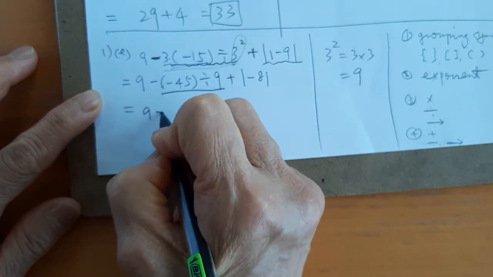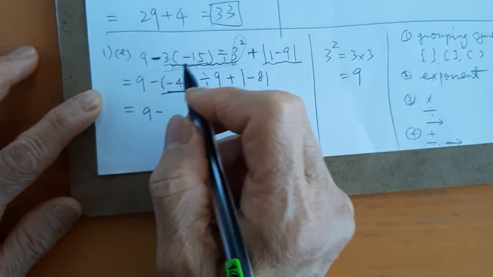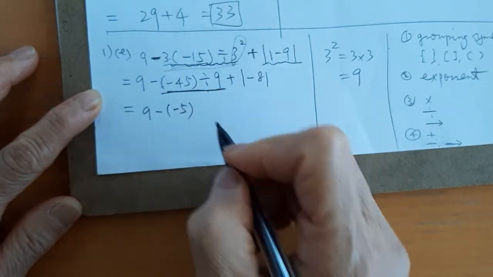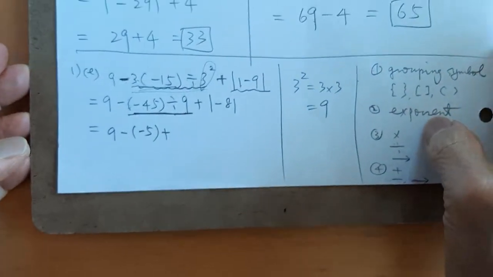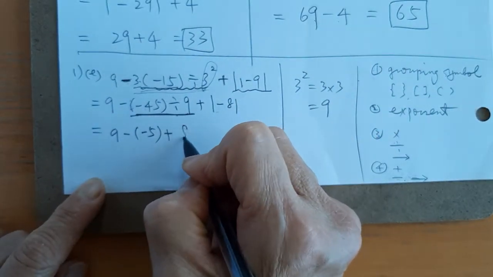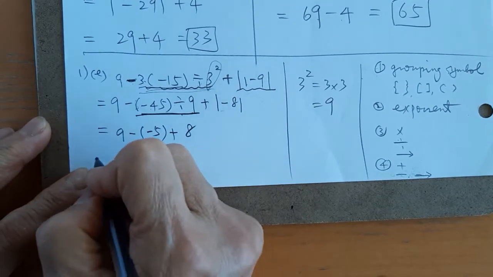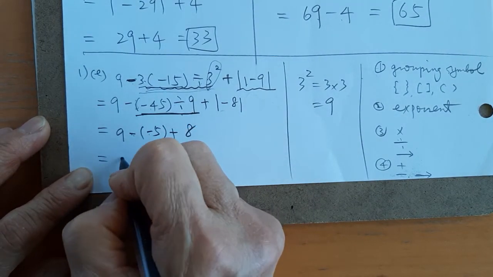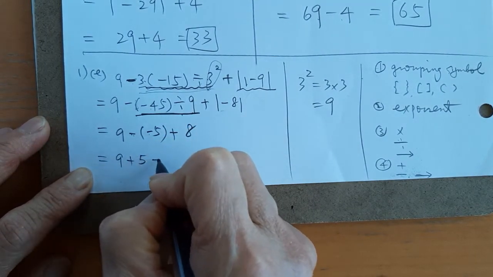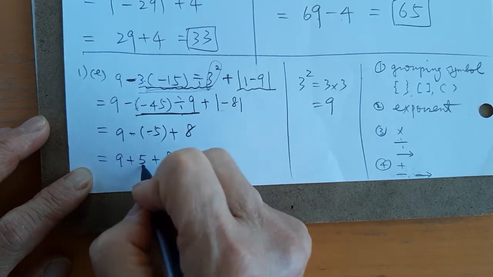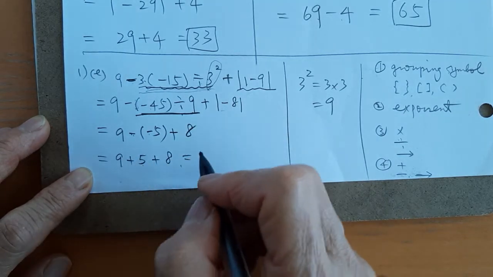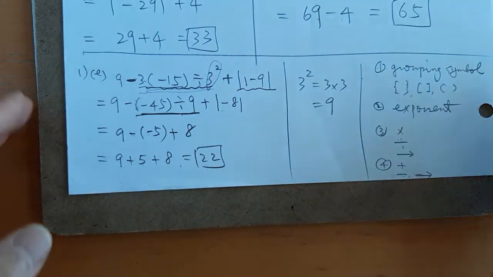So 9 minus negative 45 divided by 9 is negative 5. And plus negative 8, take absolute value, is a positive 8. Then minus negative becomes plus 5 and plus 8. So 9 plus 5 is 14 plus 8, and you will get 22.